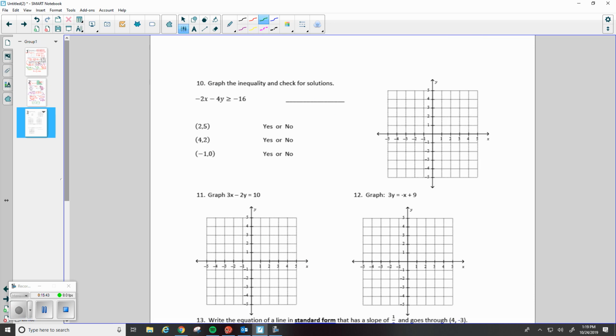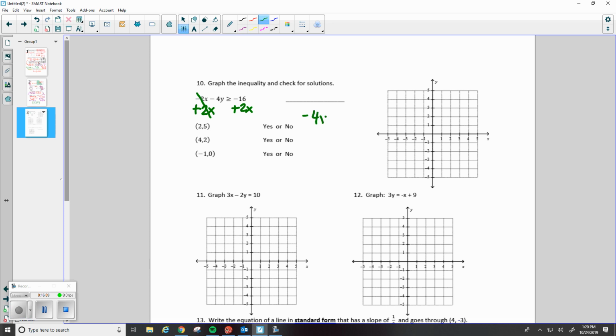The last page gives me a graph and wants me to determine what the graph looks like and if those points are part of the solution set. So the first thing I want to do here is graph this line. So if I'm graphing it, I can solve it for y. So I can do plus 2x. So those cancel.